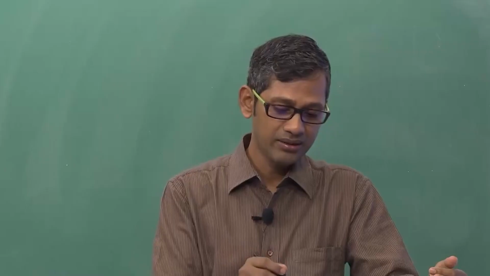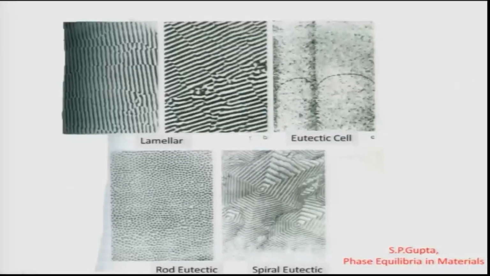As you see here, the black and white lamellae of the two phases are seen in these microstructures. Sometimes they are broken, sometimes continuous, but they are actually 3D slabs of two different phases arranged in a particular fashion.